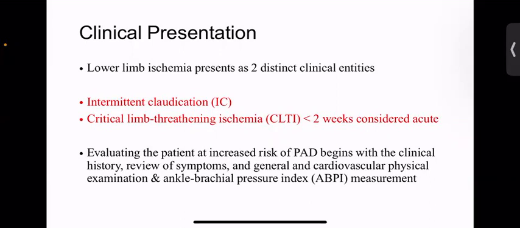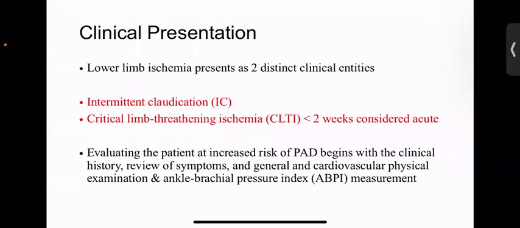Sometimes they may also develop ulcerations, and when these ulcerations are infected, they form gangrene. These ulcers are usually difficult to heal because of the diminished blood flow to those areas. When symptoms of critical limb threatening ischemia are less than 2 weeks, we consider it acute, and when it's more than 2 weeks, we consider it chronic limb threatening ischemia.